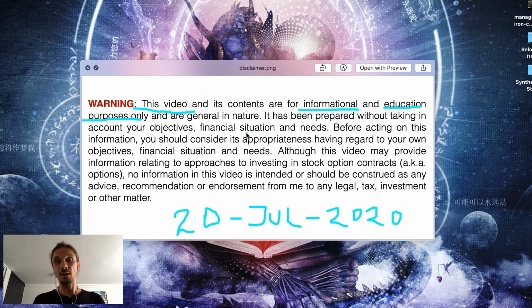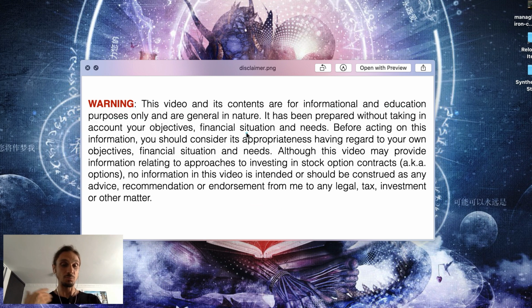We are educating ourselves about trading, option trading, and markets in general. If you decide to place any of those trades live, it's on your account and you are taking responsibility for this, not me. So that's important to say every time.